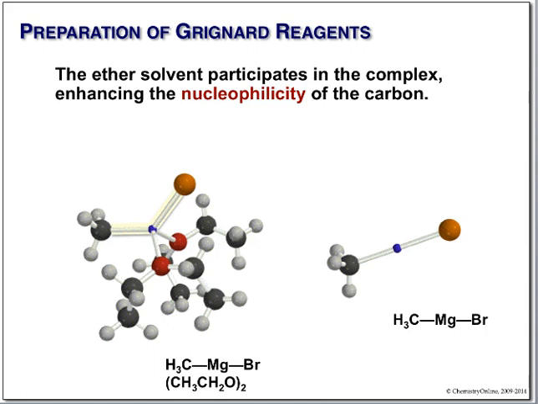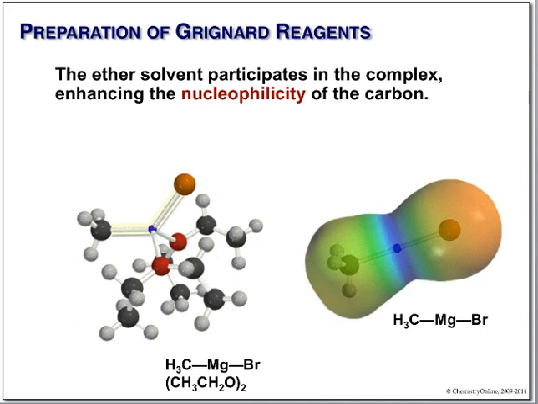Now, as it does this, we're placing electronegative oxygens here next to the magnesium, and that changes the charge distribution. If we look at methyl magnesium bromide in an electrostatic potential map, we can see the magnesium here is delta blue, nice red bromine, kind of a pale green methyl group.